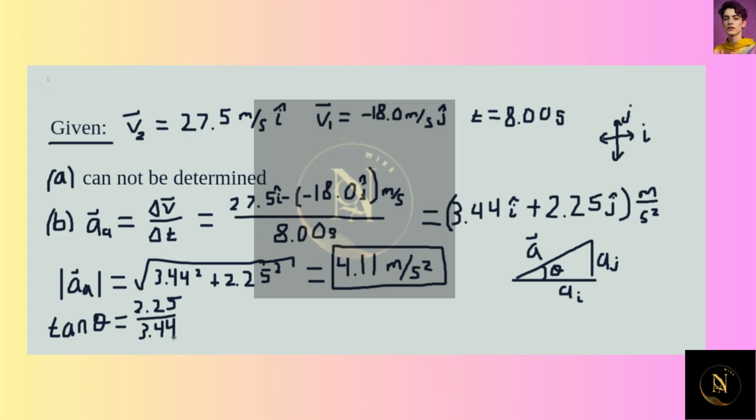All right, and we want to solve for theta. So if we solve for theta, theta is equal to the inverse tangent of 2.25 divided by 3.44.